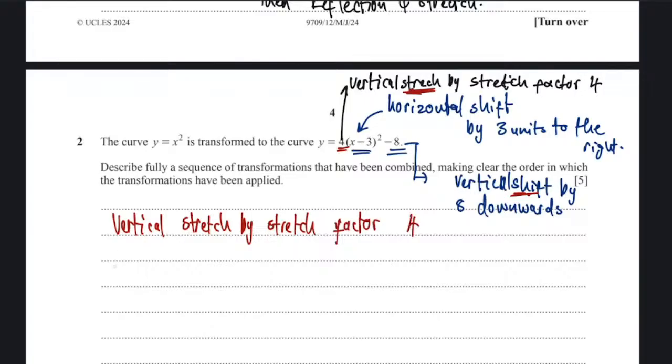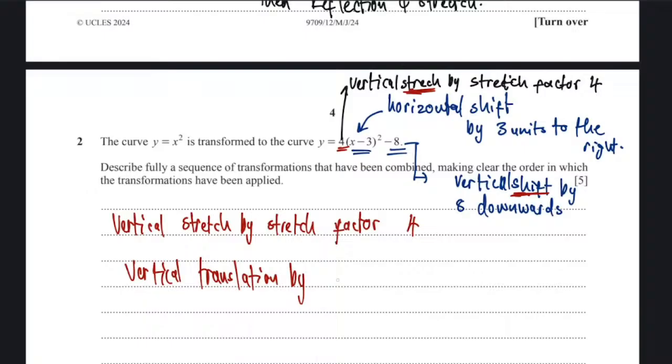Then next, you say translation or shift. You can say translation or shift, it doesn't matter. A shift is a translation, when things are just moving up and down. So say vertical translation by vector.